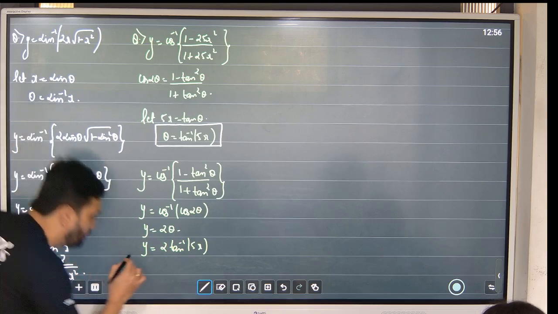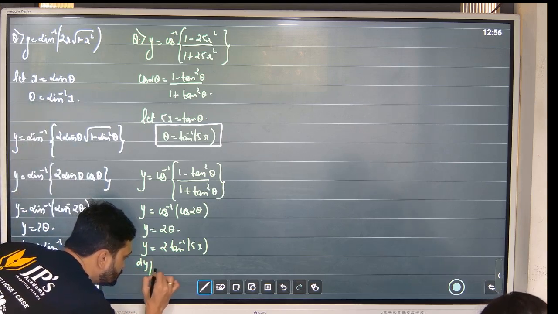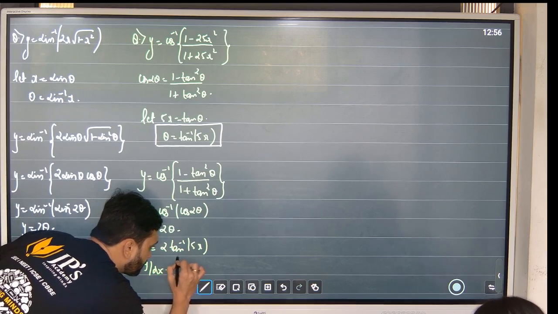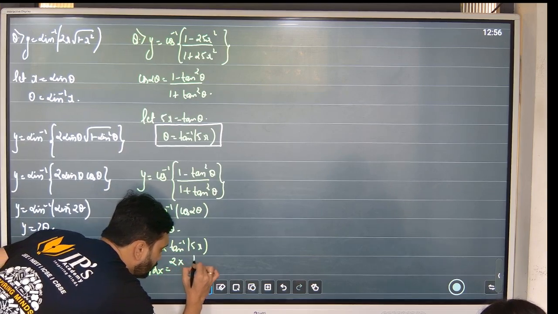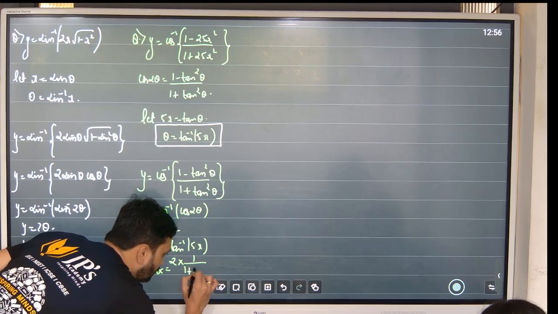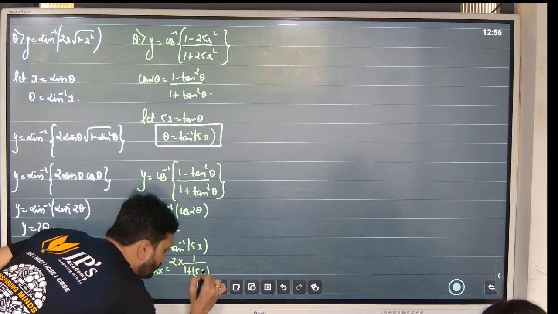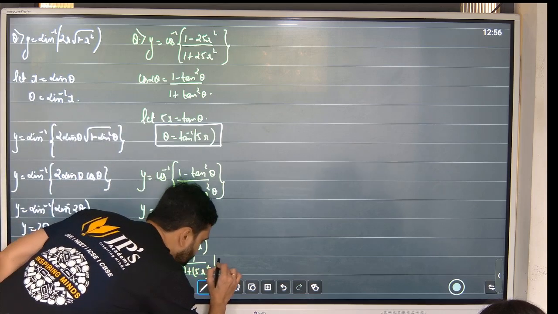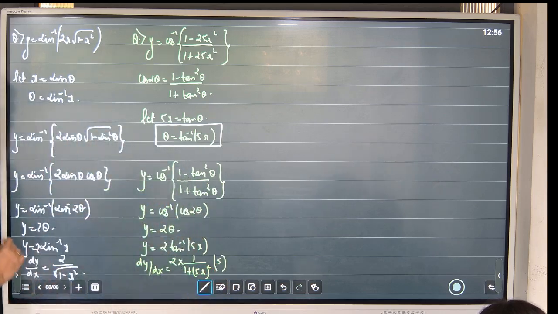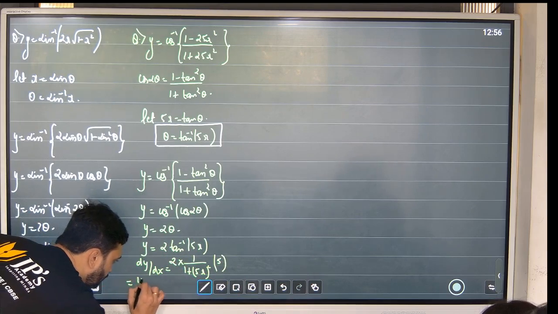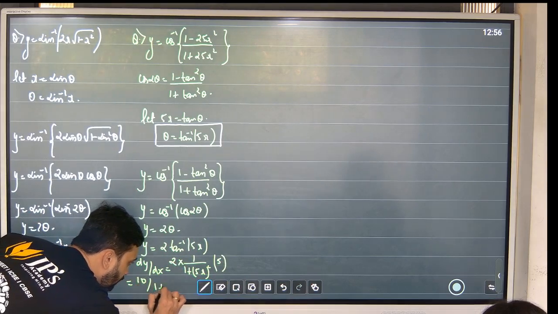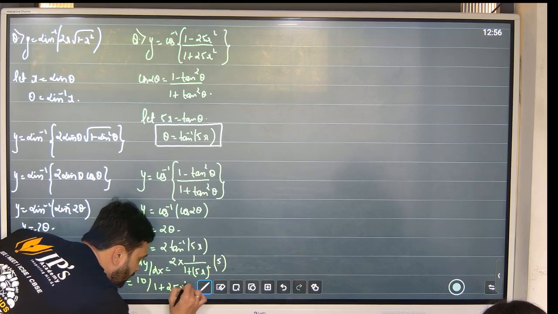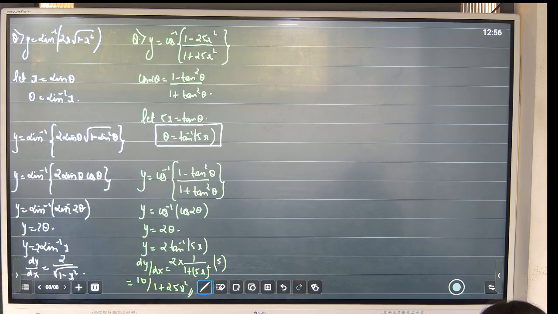And now if I differentiate, dy by dx will become 2 into 1 upon 1 plus 5x the whole square into, guys, what is the derivative of 5x? 5. So can you tell me what is the final answer? 10 upon 1 plus 25x square. Do you guys understand this? Anybody has any problem here?